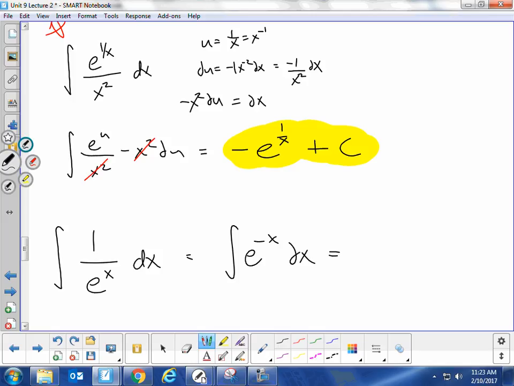Now, to take this antiderivative, guess what? It's just that kx, k is negative 1. You'll have 1 over k, or just negative e to the negative x. Turns out the derivative of e to the negative x is the same as the antiderivative of e to the negative x.